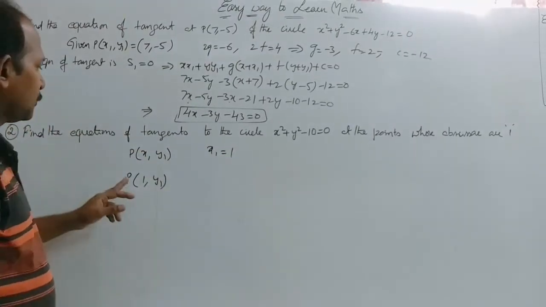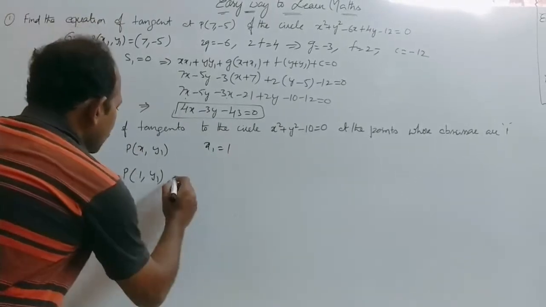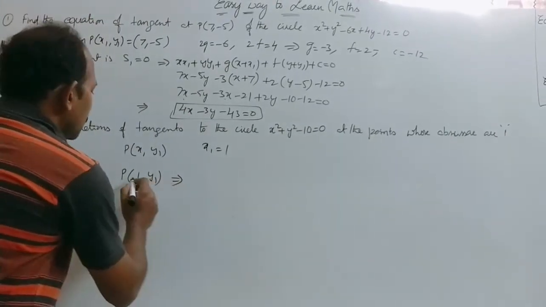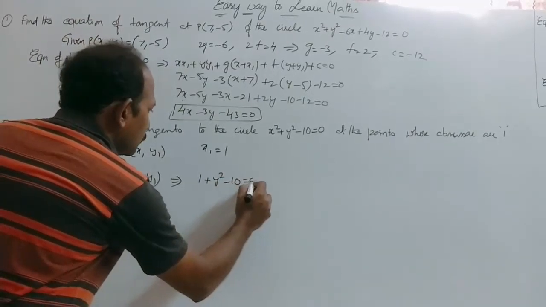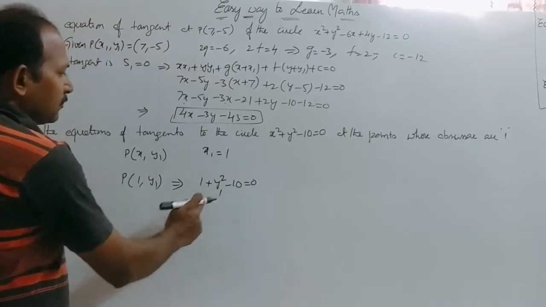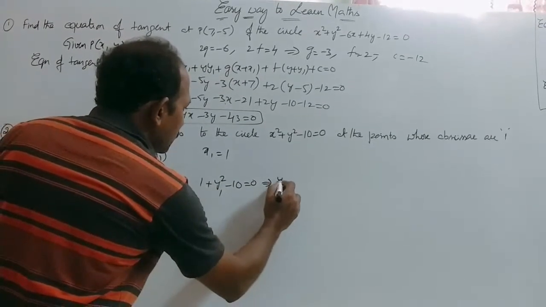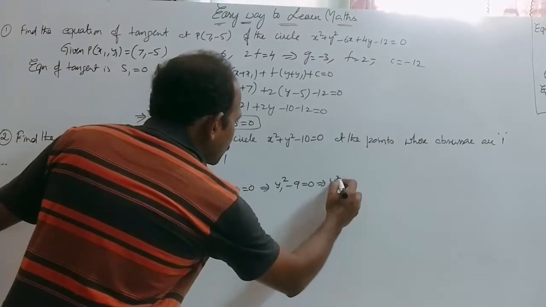Therefore, let us substitute this value in x square plus y square minus 10 equal to 0. That implies x1 square is 1 plus y1 square, then plus 1 minus 10, which is minus 9. That implies y1 square minus 9 is equal to 0. That implies y1 square is equal to 9.